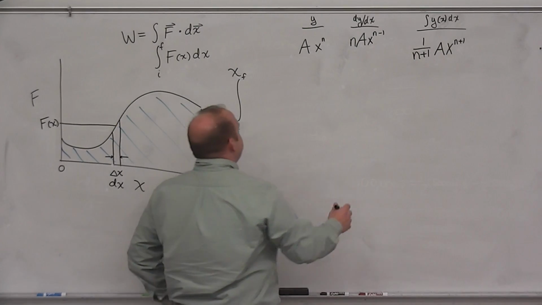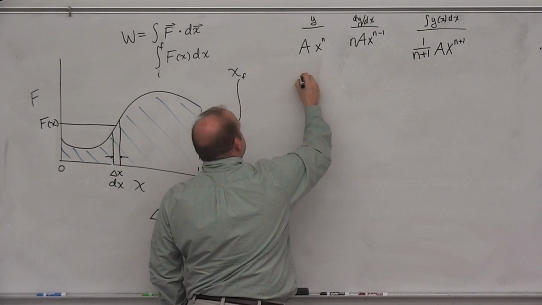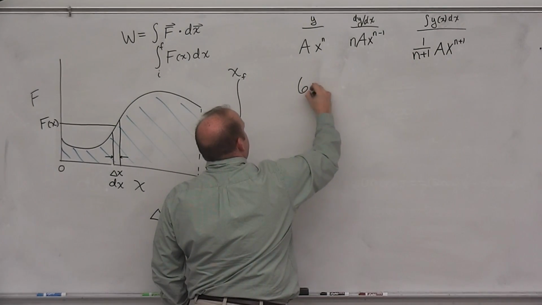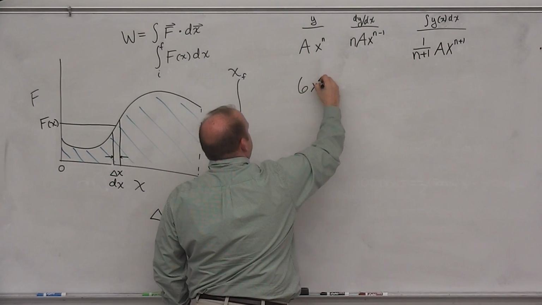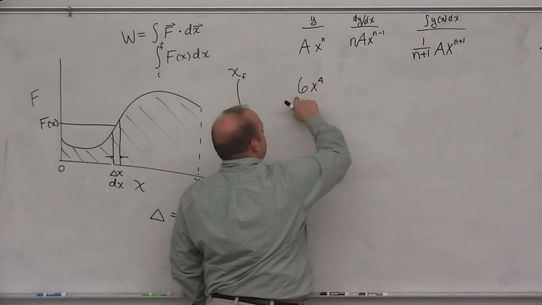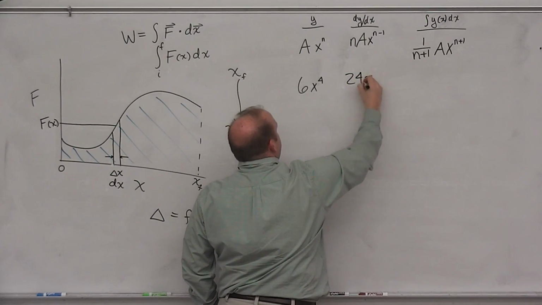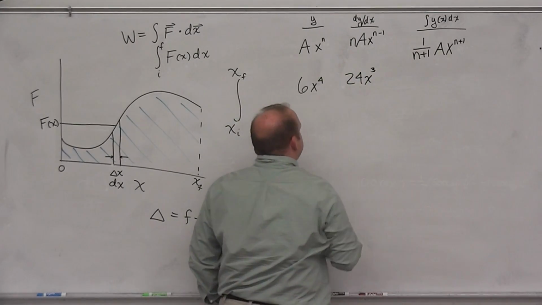So as an example, let's just say that we have 6x to the 4th. Well, if I took the derivative, multiply this by 4, I get 24. X to the 1 less power is 3.